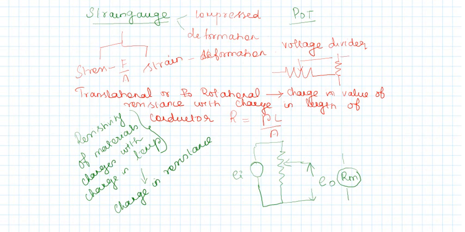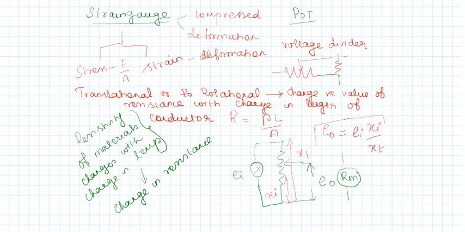This length is xt, and how much variation happened is xi, and this is your output voltage. So how is this output voltage measured? E naught is equal to your input voltage into xi divided by xt.